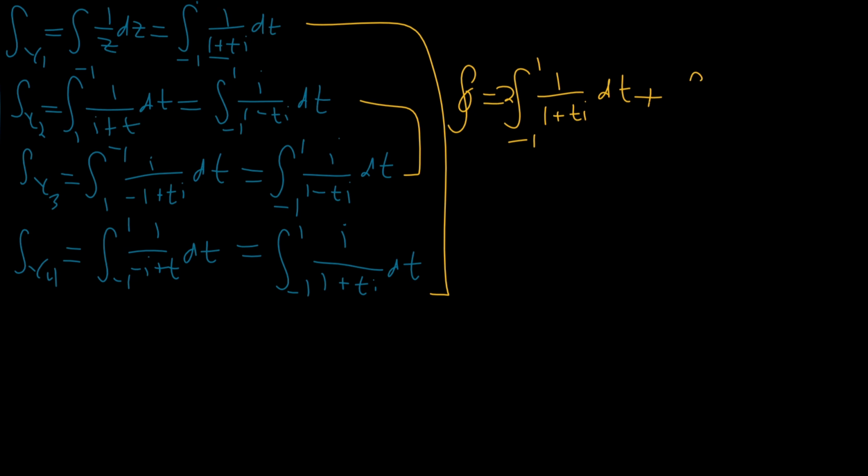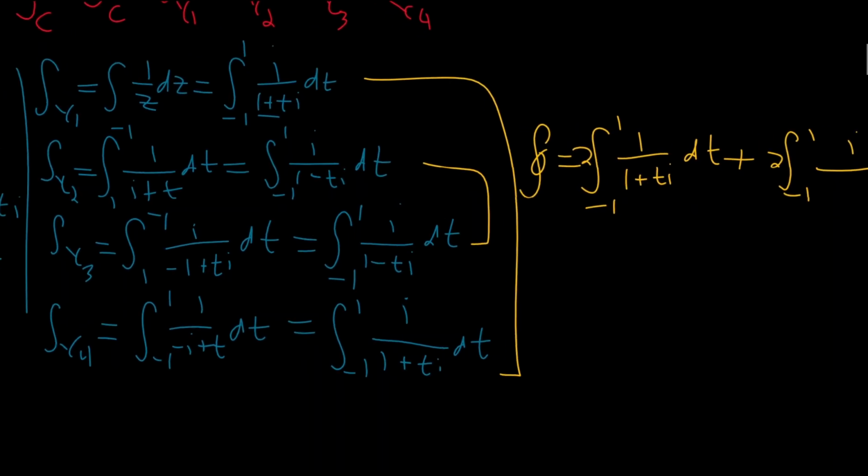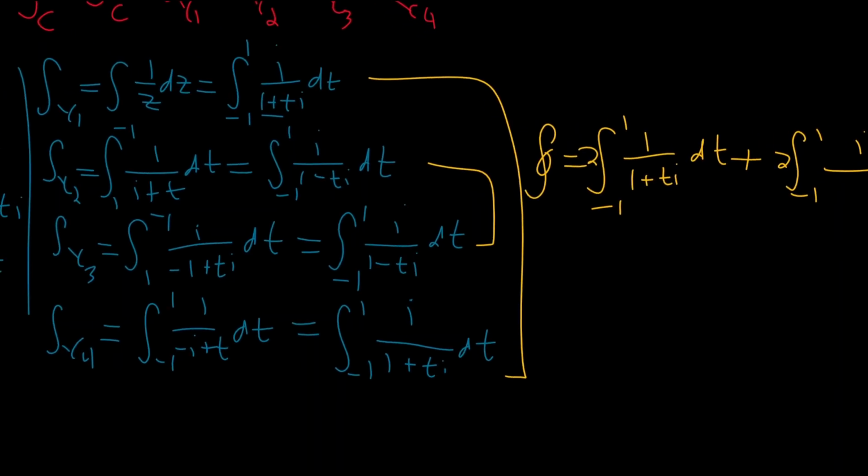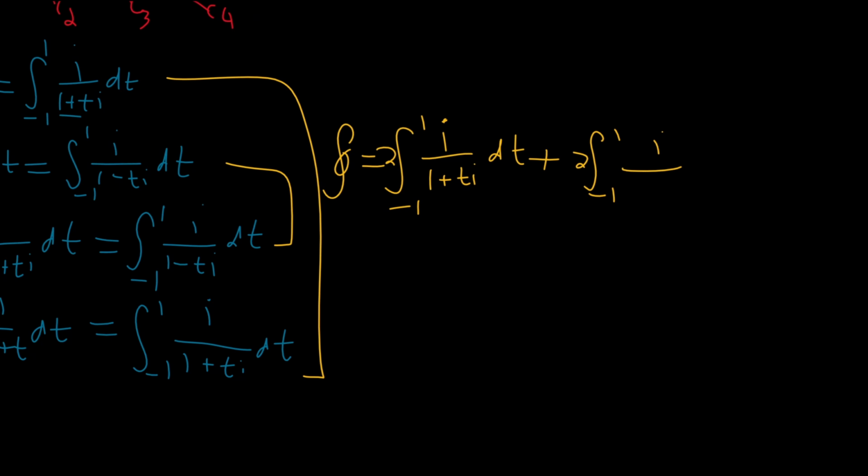And then plus 2 times the integral from negative 1 to 1 of i over, oh wait, hold on, I do apologize, there's an i there. Okay, 2 times that, and then 1 minus ti right here, dt.